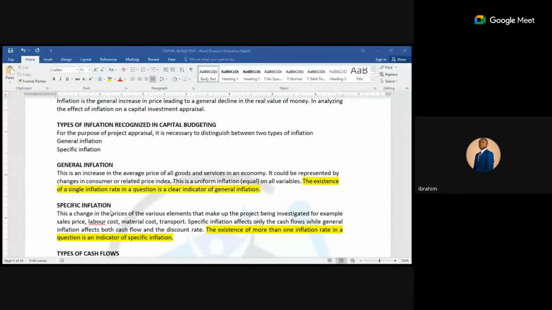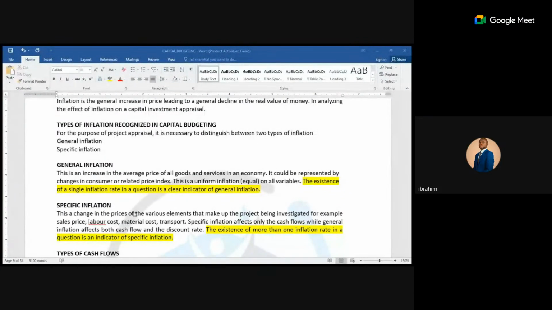This is a change in the price of various elements that make up the project being investigated. Specific inflation affects only the cash flows, while general inflation affects both the cash flow and the discount rate.